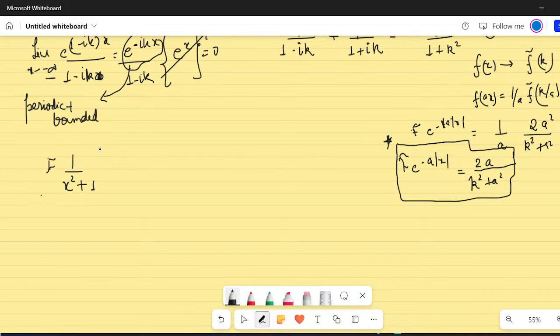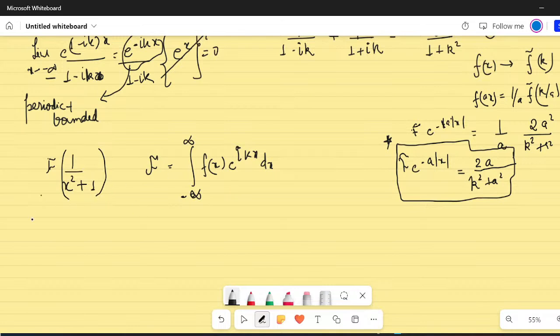For simplicity I'm just trying to find the Fourier transform of 1 upon x square plus 1, and one has to remember that I'm defining the Fourier transform as integration from minus infinity to plus infinity. Fourier transform is given by f of x e to the power iota kx dx. So actually it is equal to finding the Fourier inverse transform basically.